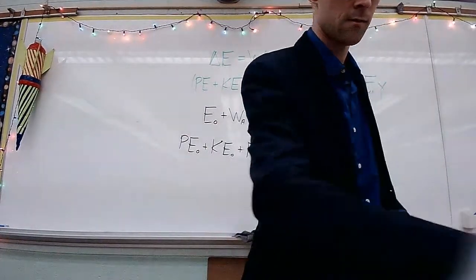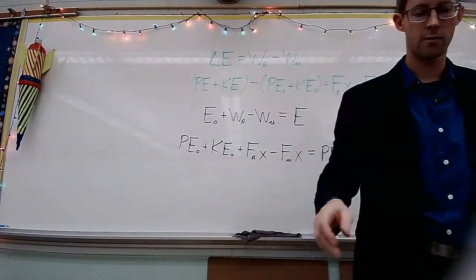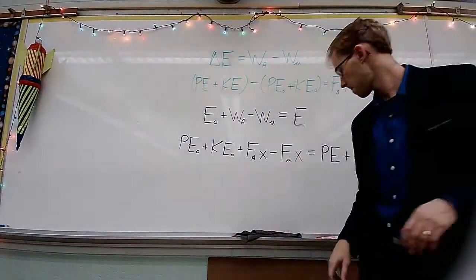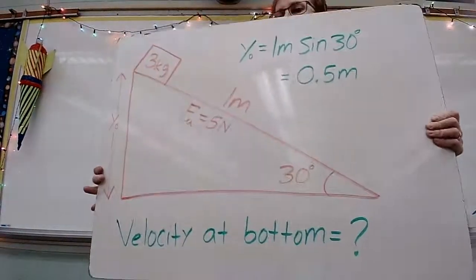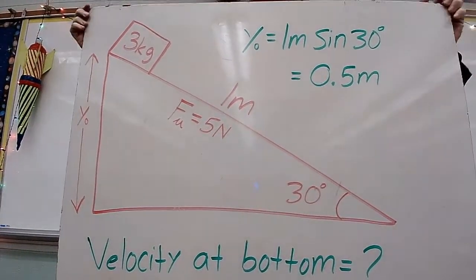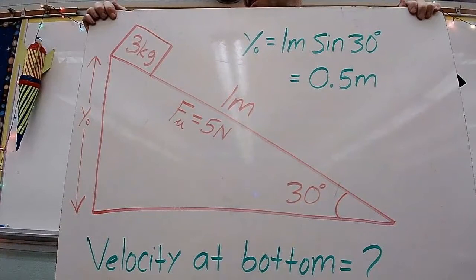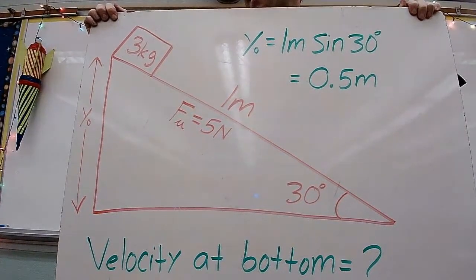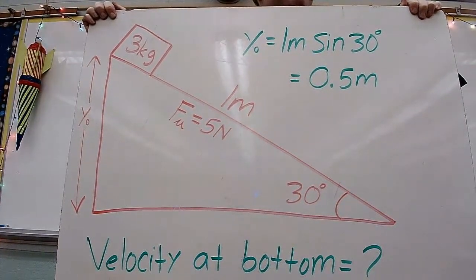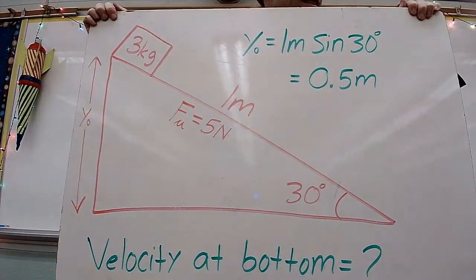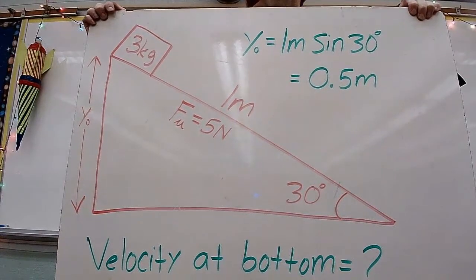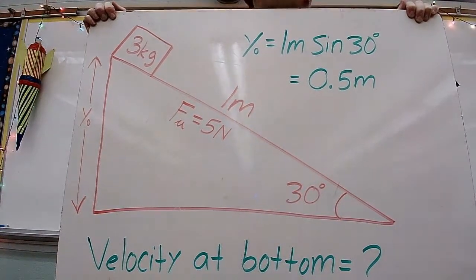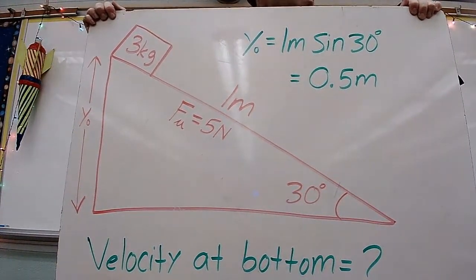All right, I'm going to go through a couple examples here. Here is the first. Take a minute, let that sink in. So we've got our object on the top of this incline, and we know a whole lot about it, which is a nice change from what we usually are given here.